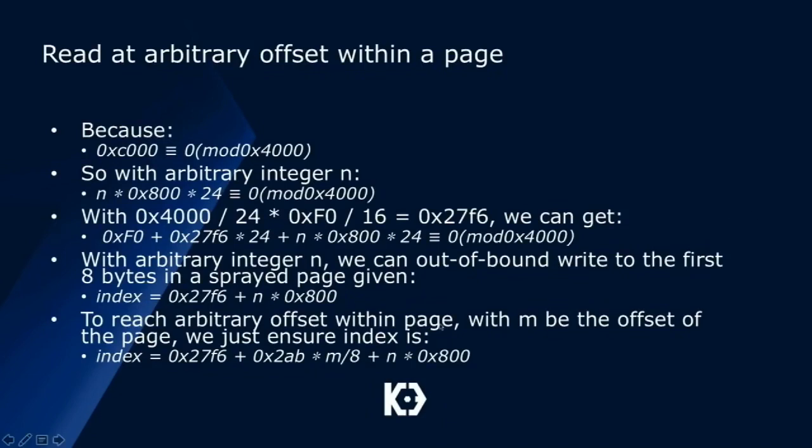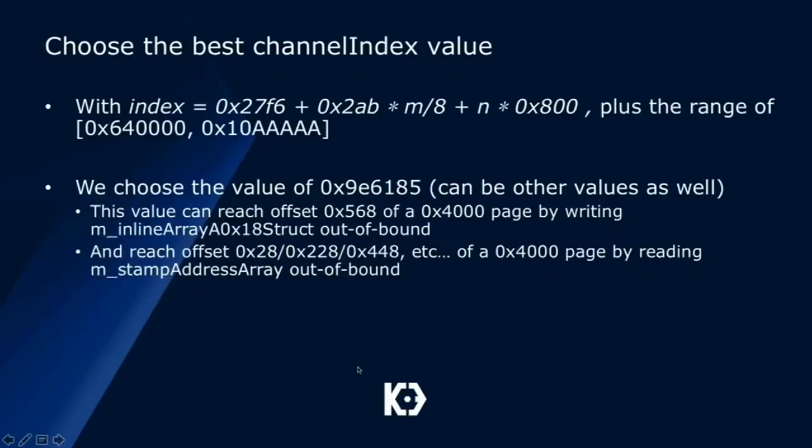And the next problem is to reach an arbitrary offset within the page. With m being the offset in the page, we just ensure that the index equals this, and we can reach an arbitrary offset within the page. So we resolve this problem.